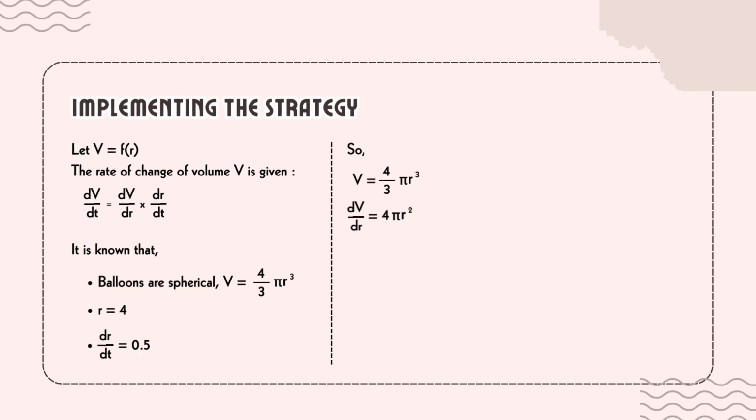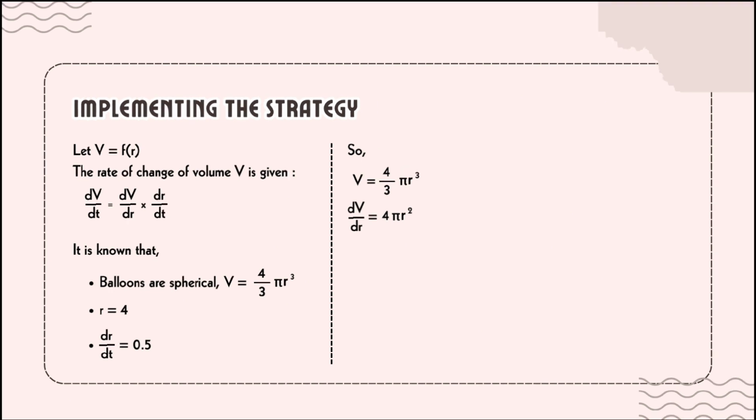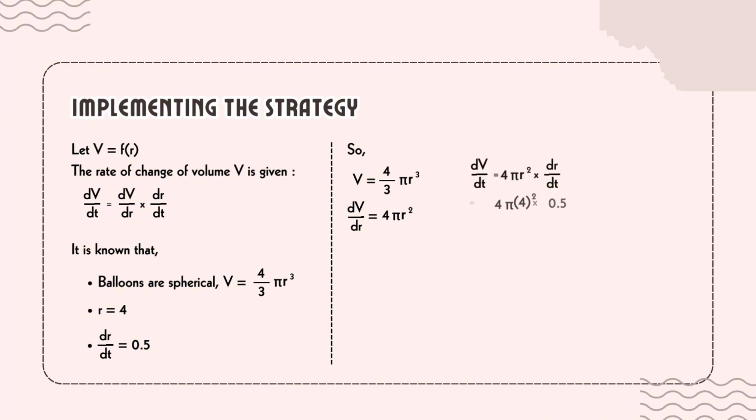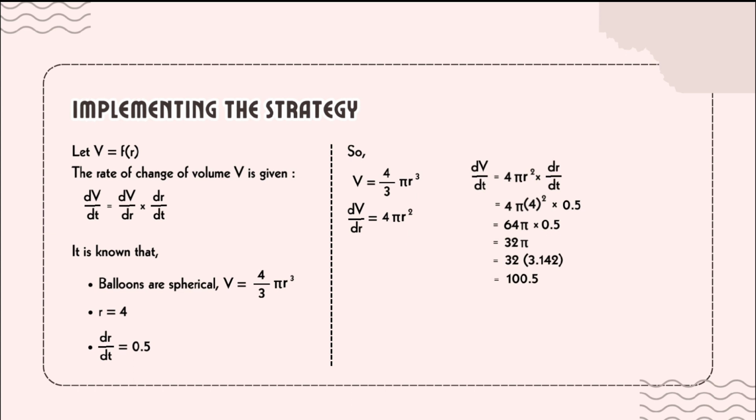So by using the sphere formula 4/3 pi r cubed, we differentiate it and it equals 4 pi r squared. Next, with our answer earlier, we need to multiply with dr/dt, which is 0.5. Where did it come from?